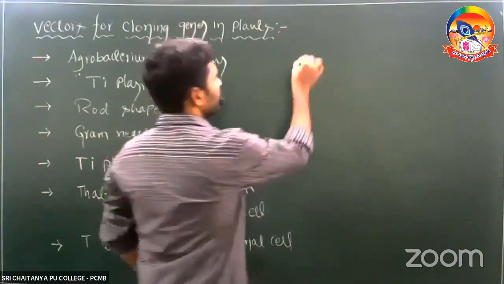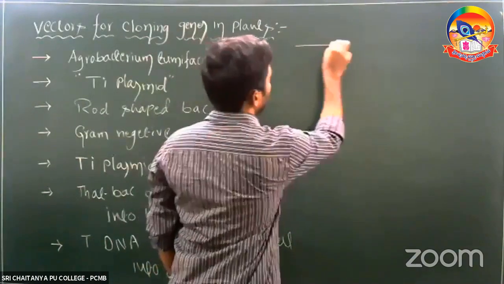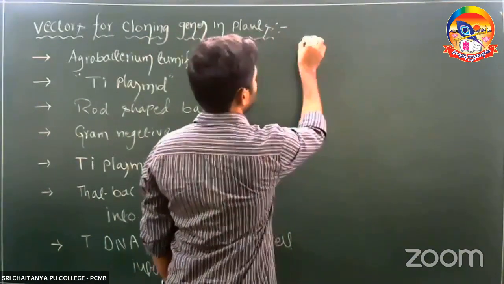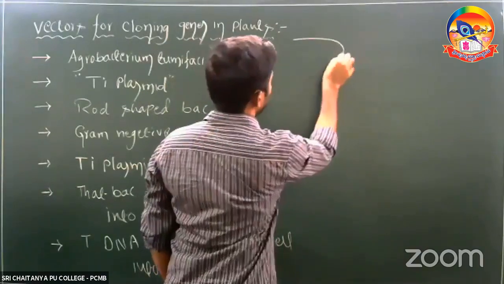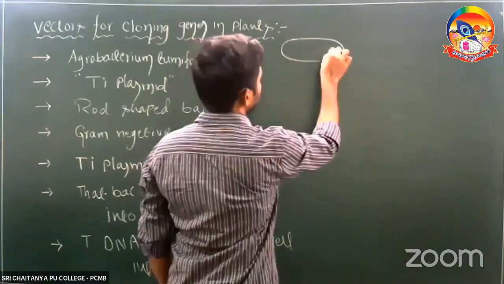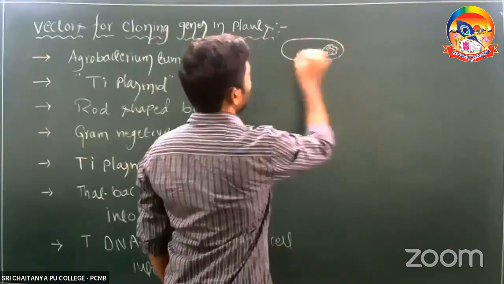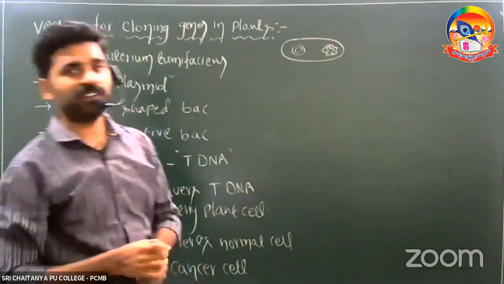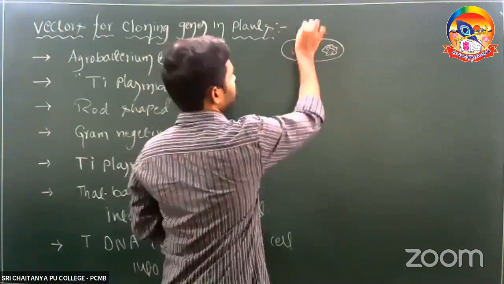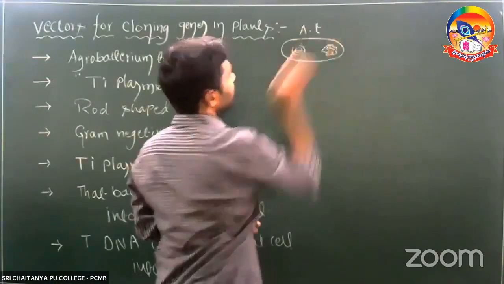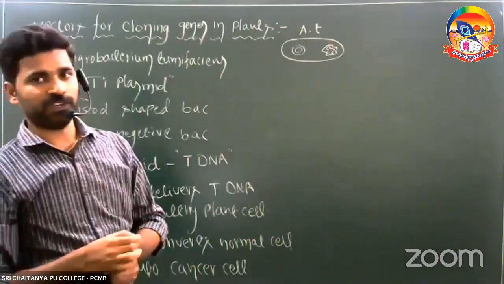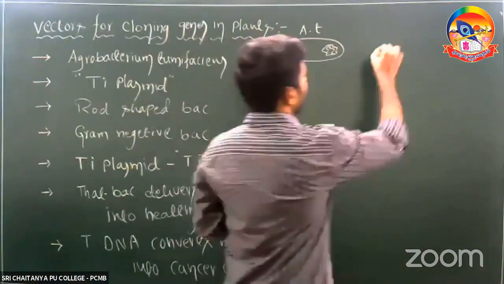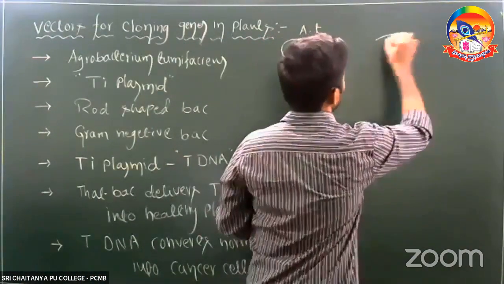First, we need to select Agrobacterium tumefaciens, the bacterial cell, whose main genetic material is the Ti plasmid. The bacterial name is AT, meaning Agrobacterium tumefaciens. And one more thing is the desirable genetic material.